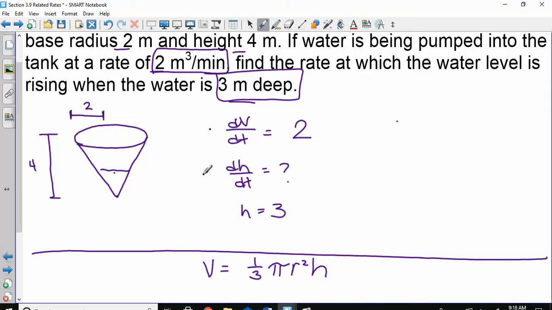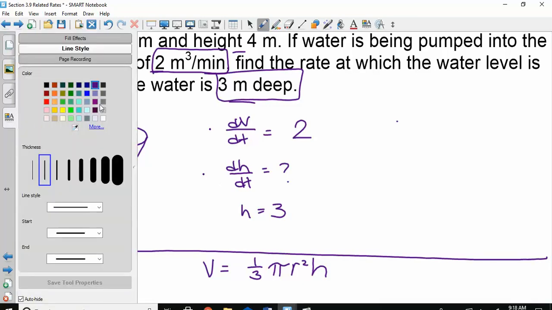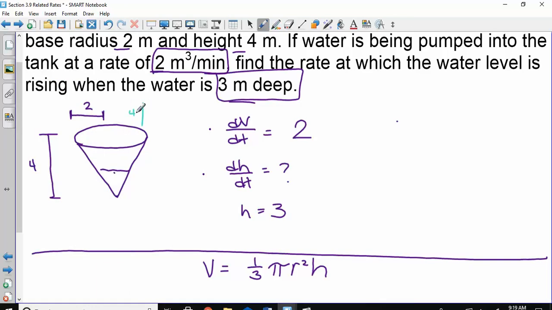So here's what we're going to do. We know that in this entire cone, the height is 4 and the radius is 2, right? So in general, we could think of this as a proportion. This is to our height, this is our radius. So I could say 4 over 2 equals h over r.